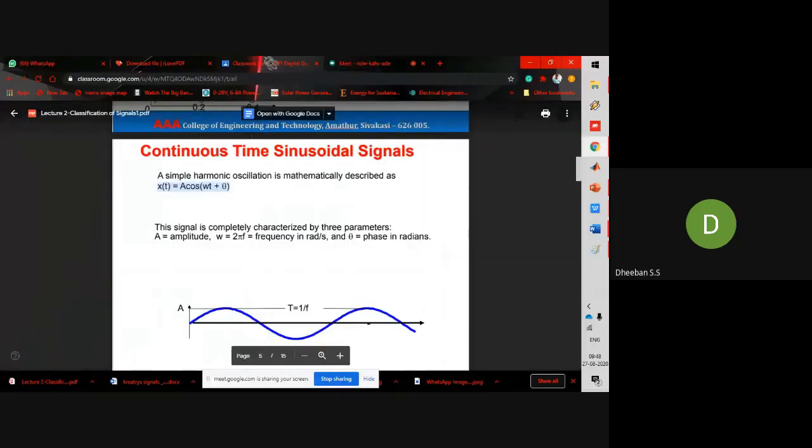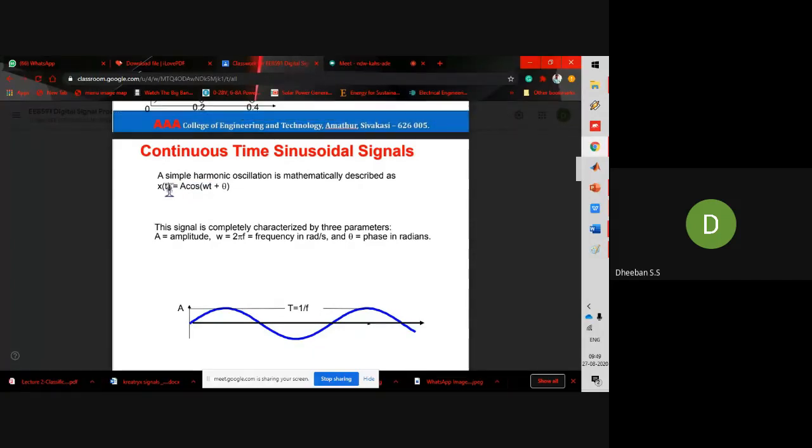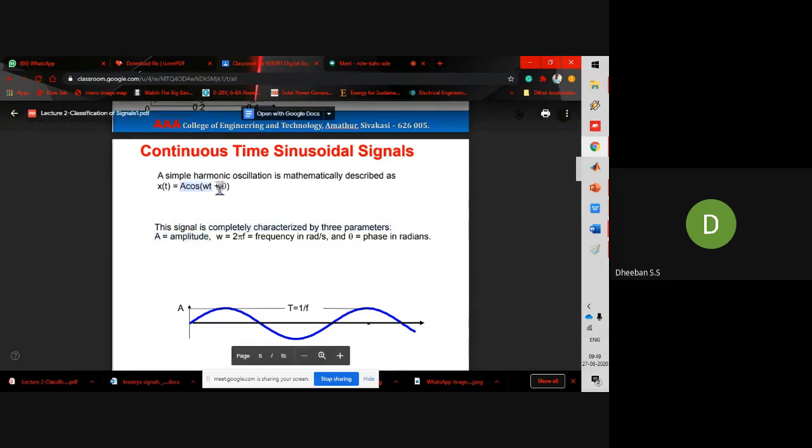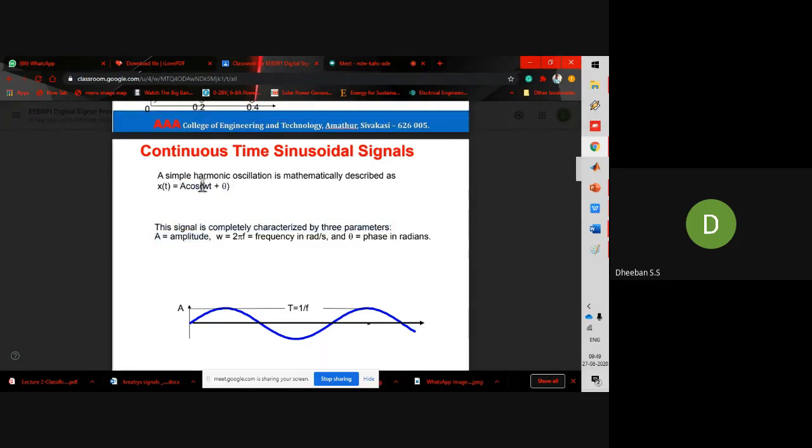Here what they have given is x of t is A cos(omega t plus theta). What you have to see is that x of t is your output function, so it varies based upon this A value. A is nothing but your amplitude, followed by the cos function, which is a function of t and theta.